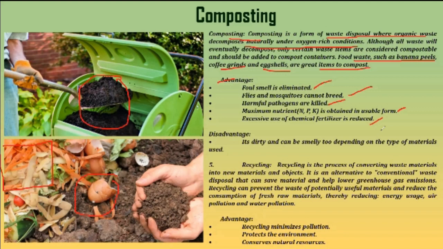Now here one very important fact comes in: how is this compost to be prepared? Basically a pit is to be dug into the ground, and vegetable peels and eggshells are to be incorporated into that pit.